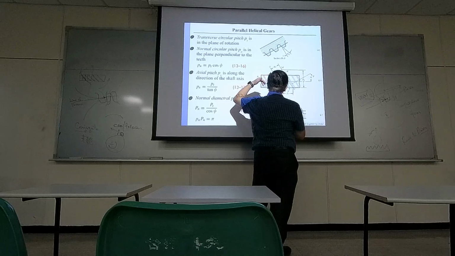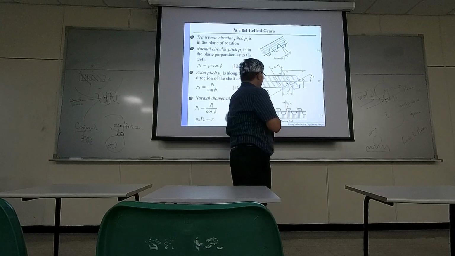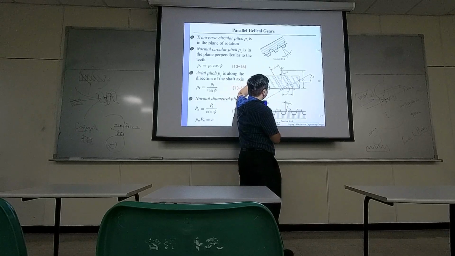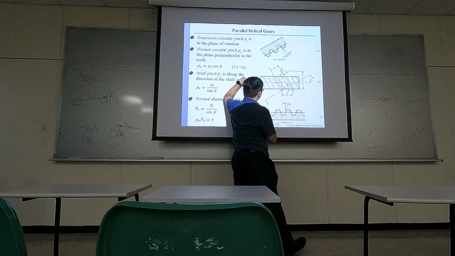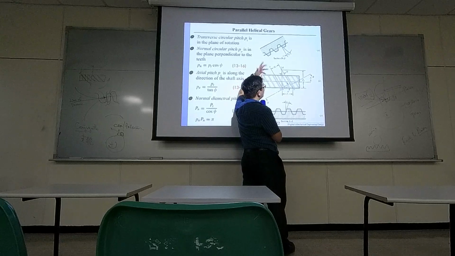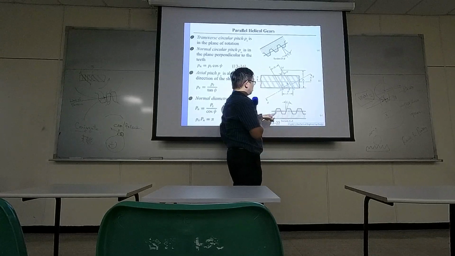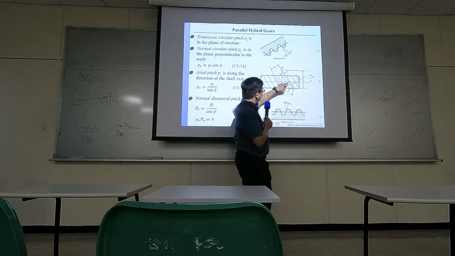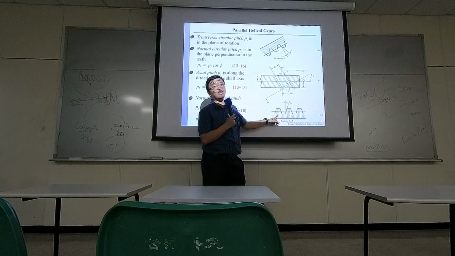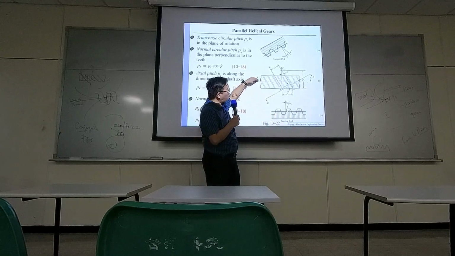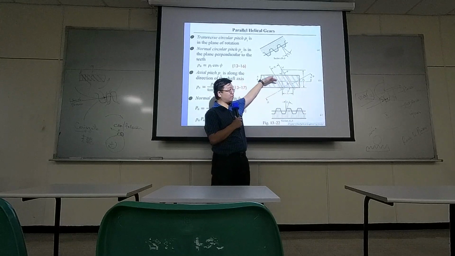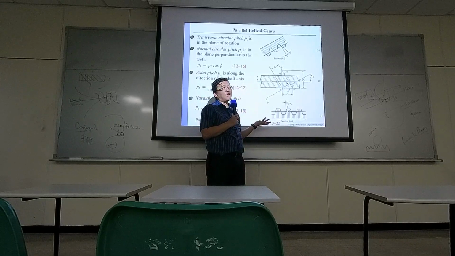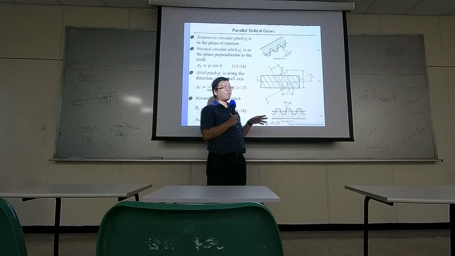If you try to observe the teeth by walking along this transverse direction, from this point to the other point, you see a tooth profile. And this profile looks exactly like the straight gear.